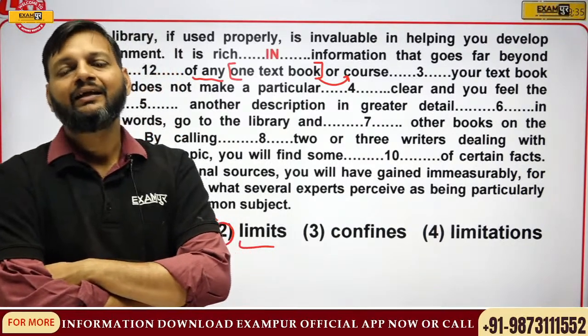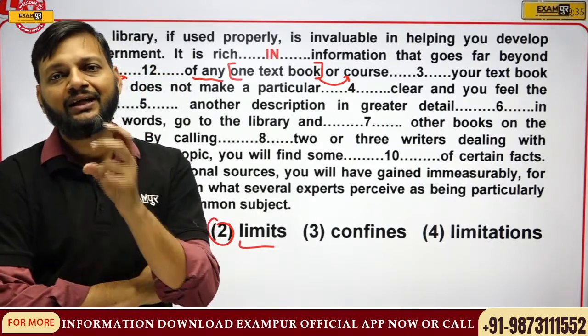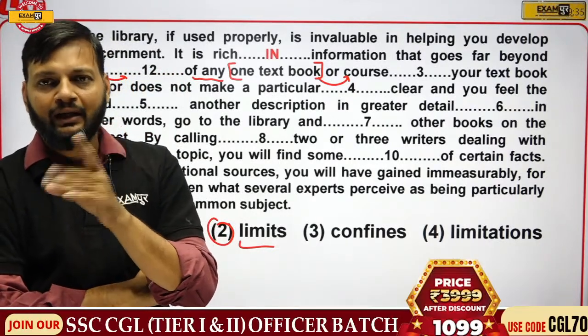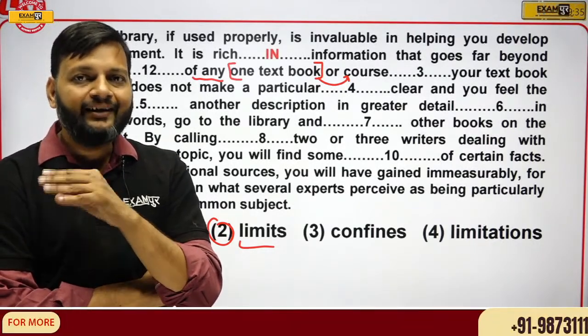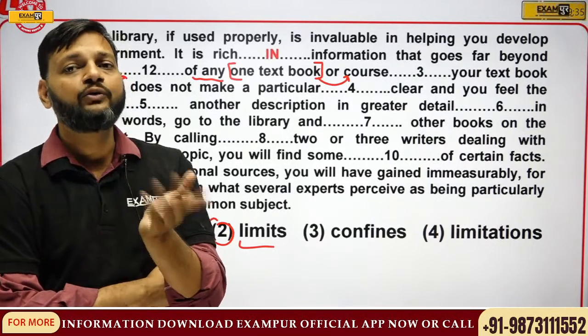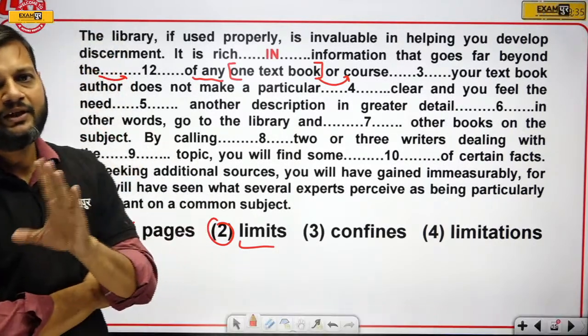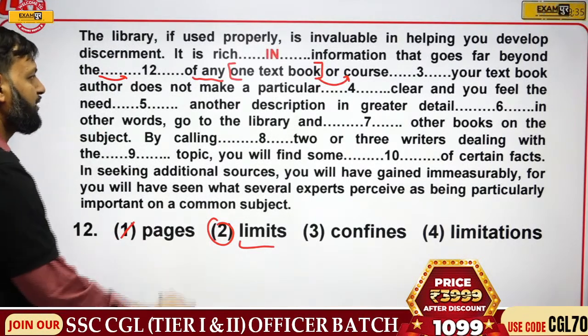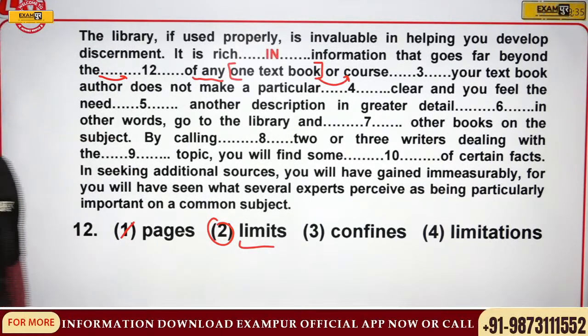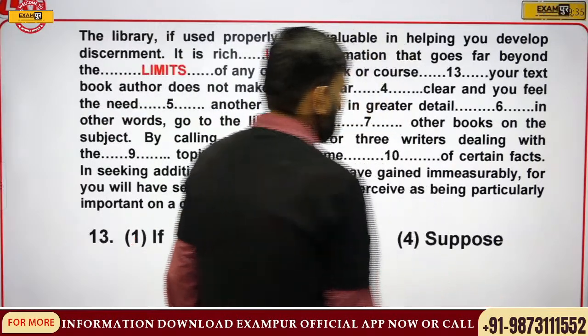Limits are drawn and limitation is imposed. Limits are the boundaries and limitation is the rule that refrains you from going out of the boundaries. So limit and limitations have different meanings. So here limits is the right answer. Let's see the next one.